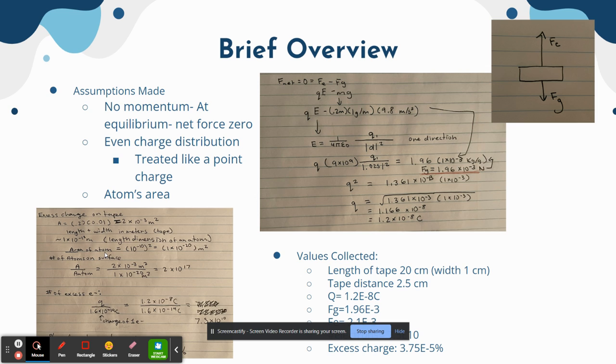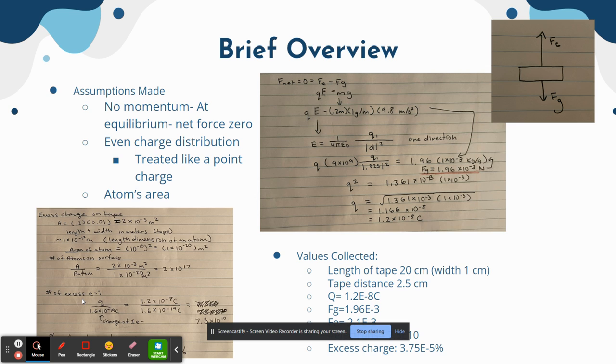To find the excess charge on a tape, we had to assume that the area of an atom would take up the whole area, using the length dimension of an atom to find the area. Then we took the area of the tape and the number of atoms that should be in that area, and divided by the total number of atoms to find the number of atoms on the surface.